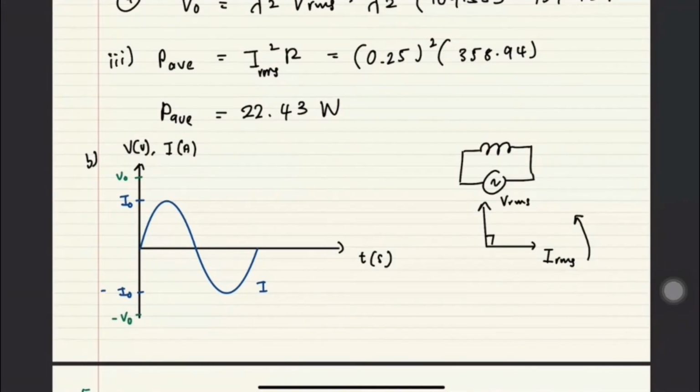Okay, so kalau dia start together, I mean kalau dia bergerak sama-sama, let's say I dengan V ni dua-dua dekat sini, so maksudnya dia bergerak together, naik sama-sama, turun sama-sama, pergi balik sama-sama. If V dengan I ni the same axis, sama satah. Okay? But in this case, V RMS ni the leads.